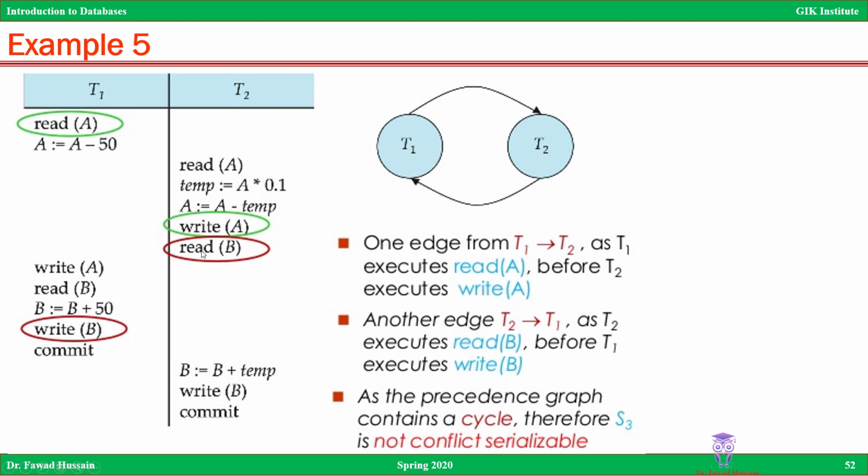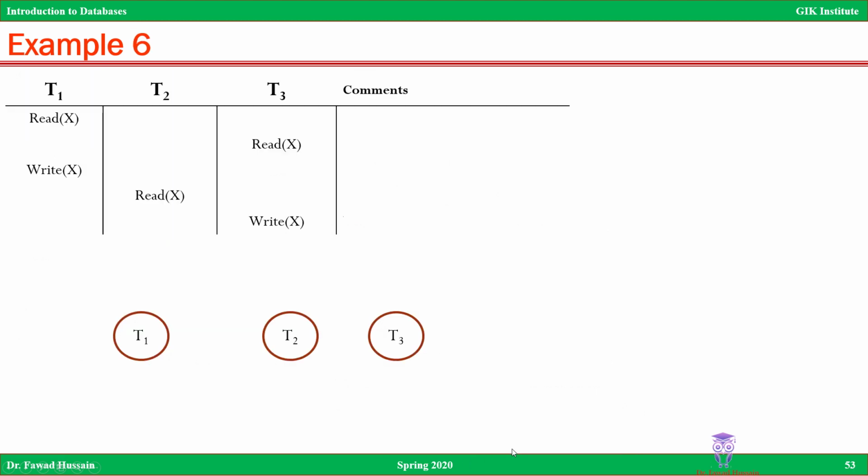And then on B, we have a read here and a write here. Therefore, you have another dependency. There's also a write after write. So that's another problem as well. So in any case, whether you consider this or not, there is a cycle from T1 to T2 and from T2 to T1 back. Therefore, this is not conflict serializable.